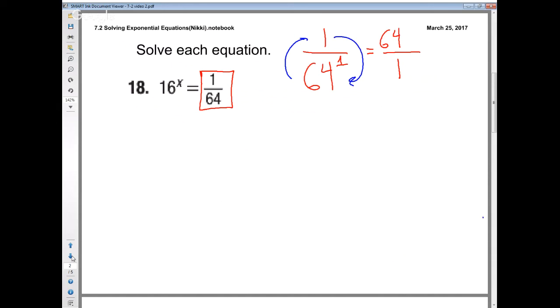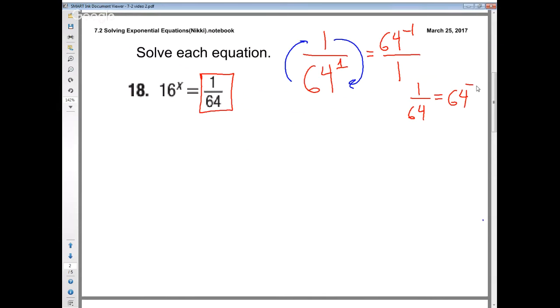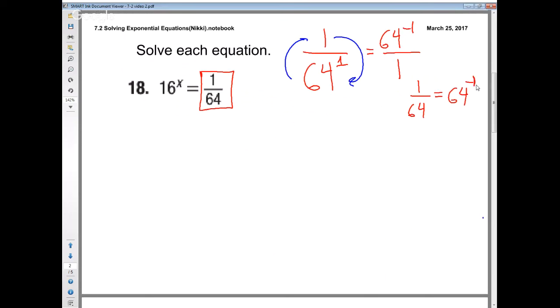But by doing so, instead of the 1 being positive, it is now negative, or in other words, it's now 64 to the negative 1. So 1 over 64 is equal to 64 to the negative 1 power. This little fact will be useful in helping us solve our exponential equation.